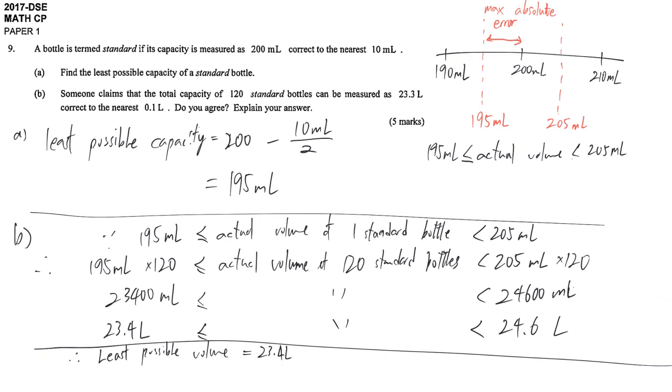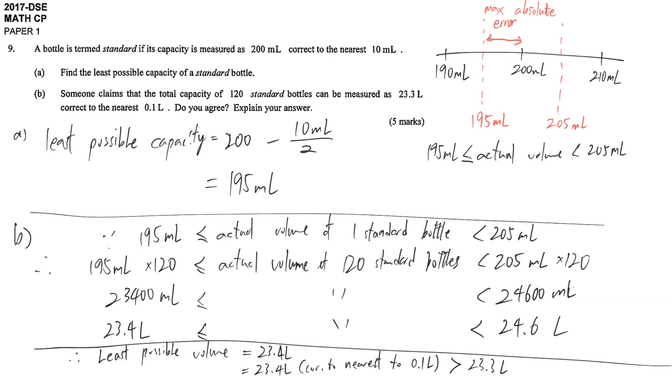This is correct to 0.1 liter already. Then we write down 23.4 liter, correct to nearest 0.1 liter, which is larger than 23.3 liter.